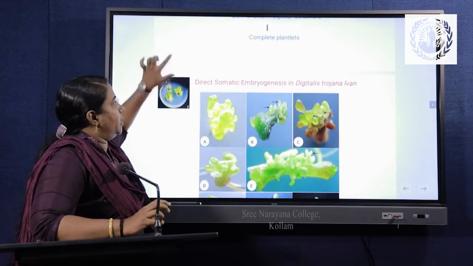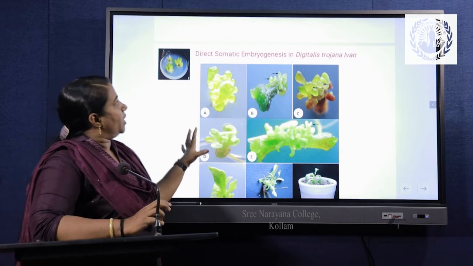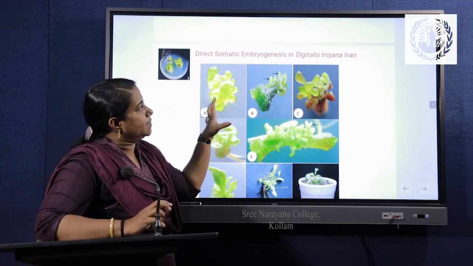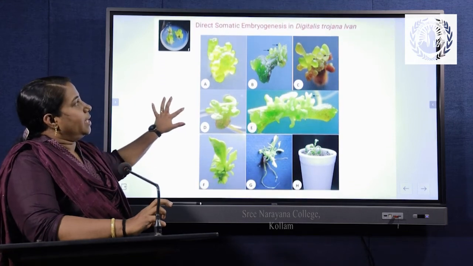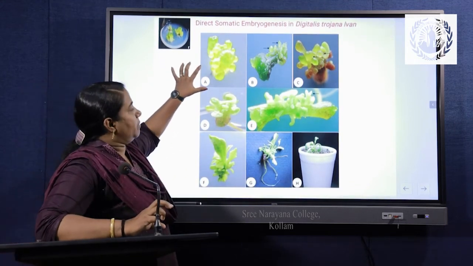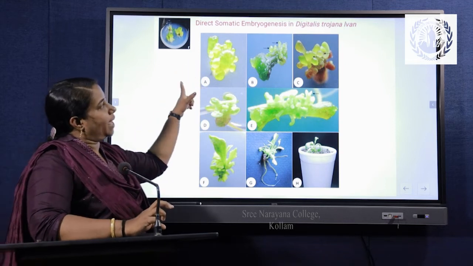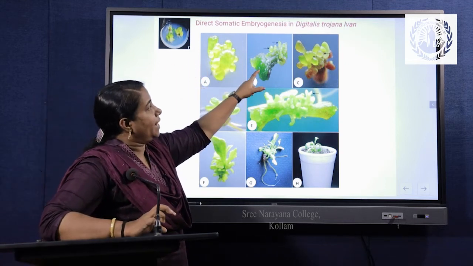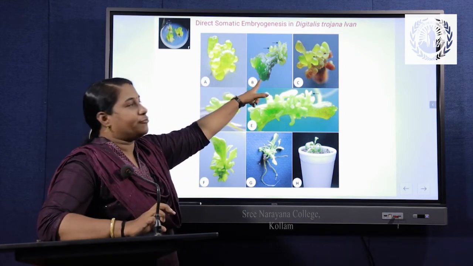Here, direct somatic embryogenesis in Digitalis trojana is shown. The explant is cultured in culture medium containing high auxins, and from that the embryos develop directly from the somatic cells without the formation of callus.